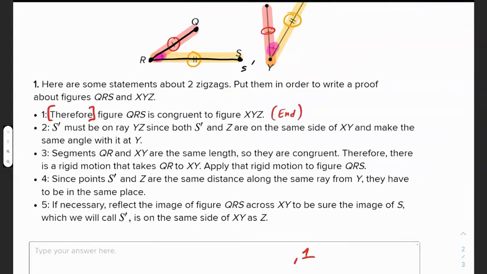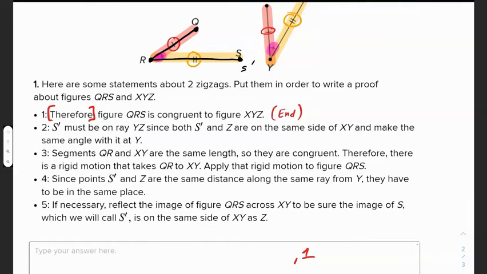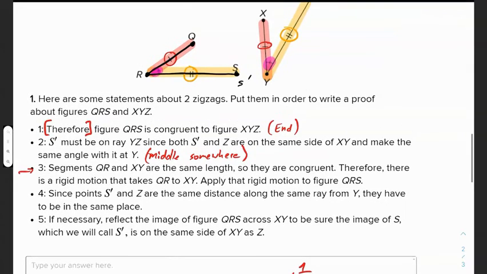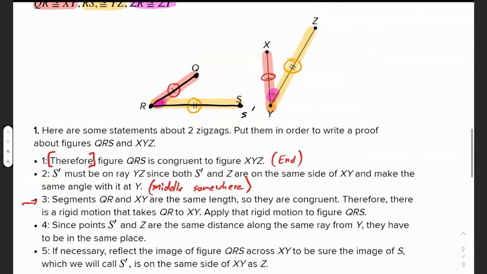So S prime is somewhere in the middle. I don't know yet. Let's find number 3. So number 2 is in the middle somewhere. Number 3, let's see, segments QR and XY are the same length, so they are congruent. Therefore, there is a rigid motion that takes QR to XY.